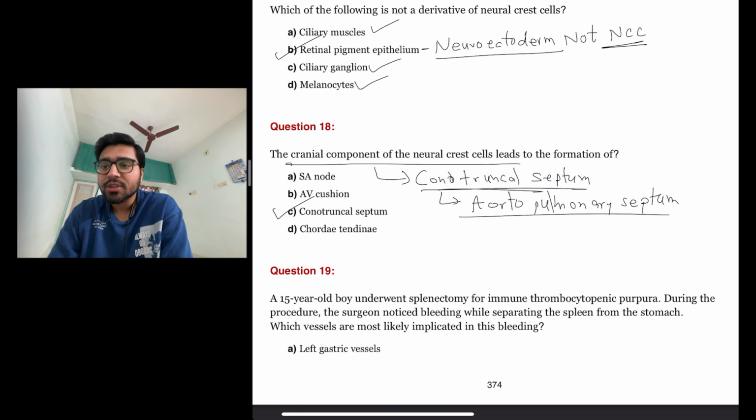The next question is, identify the marked structure.